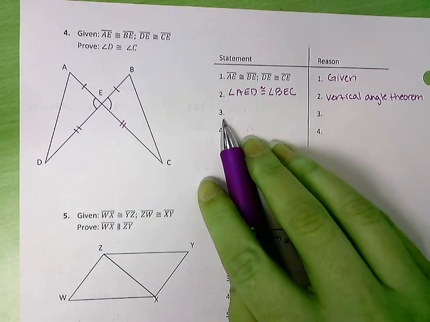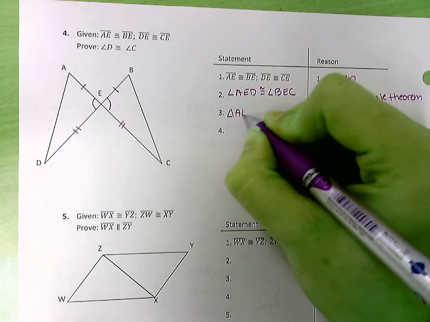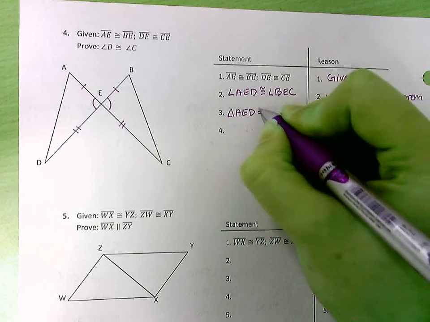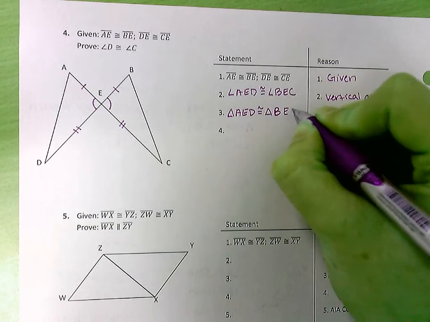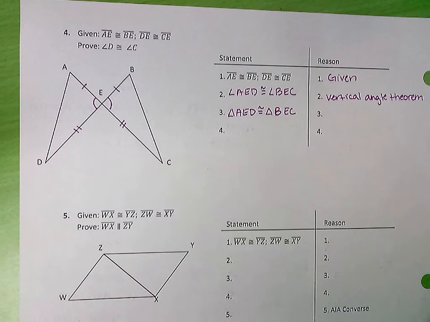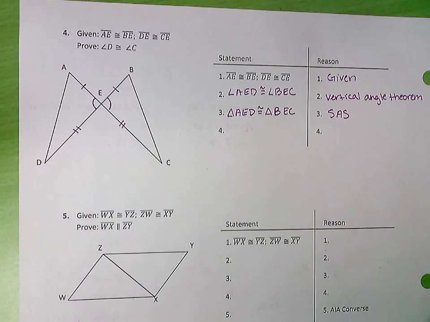Okay, next I can prove these triangles congruent. So triangle AED is congruent to triangle BEC. Why are those two triangles congruent? Side, angle, side.